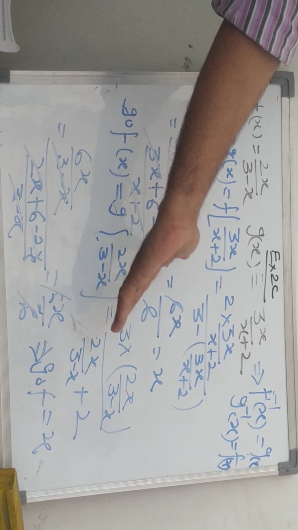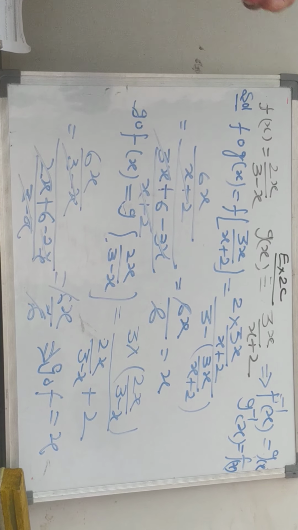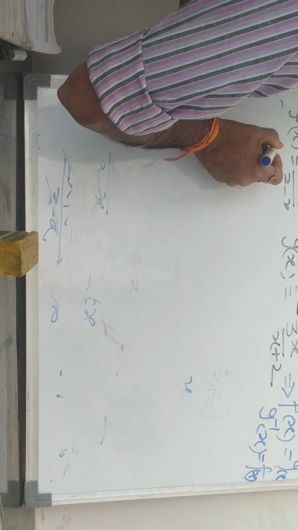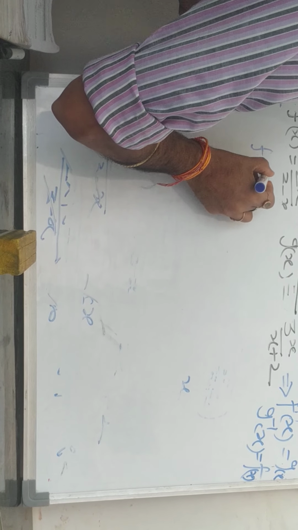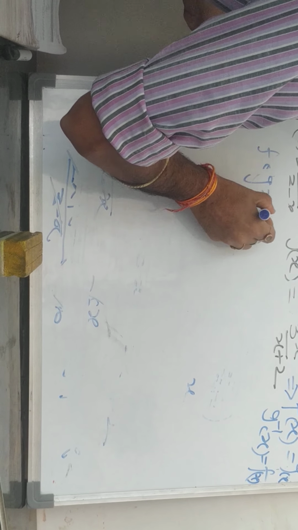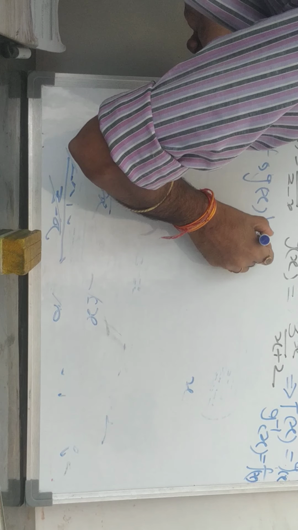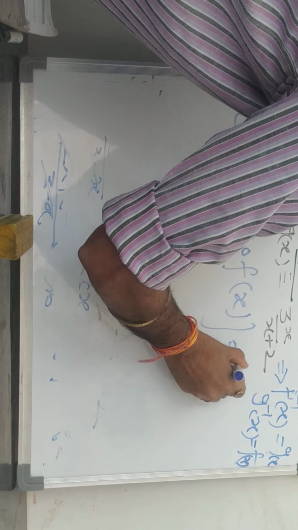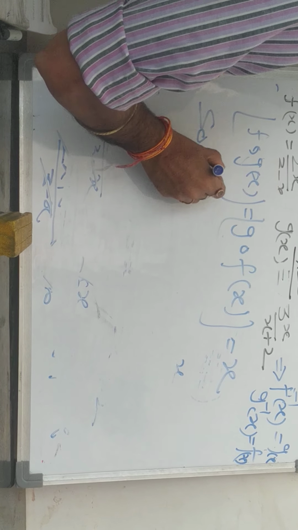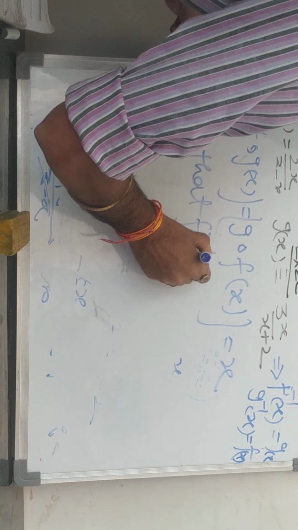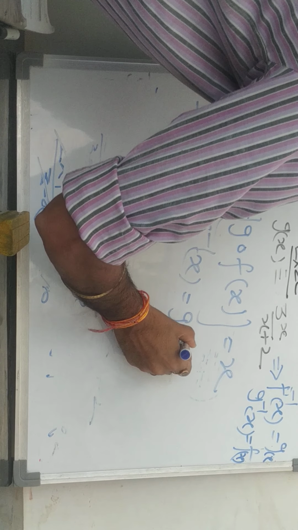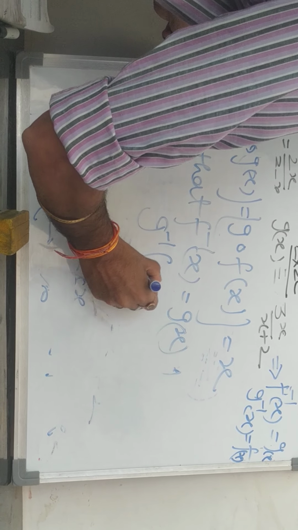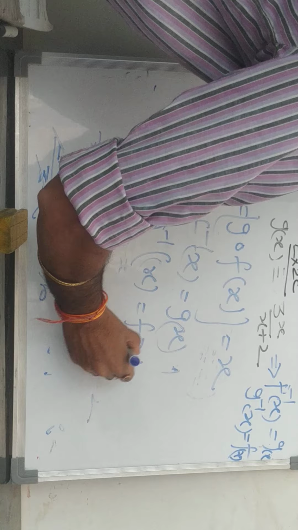Now we write simply two lines here: f of g(x) equals g of f(x) equals x, so that f inverse x is equal to g(x) and g inverse x is equal to f(x). Simple thing.